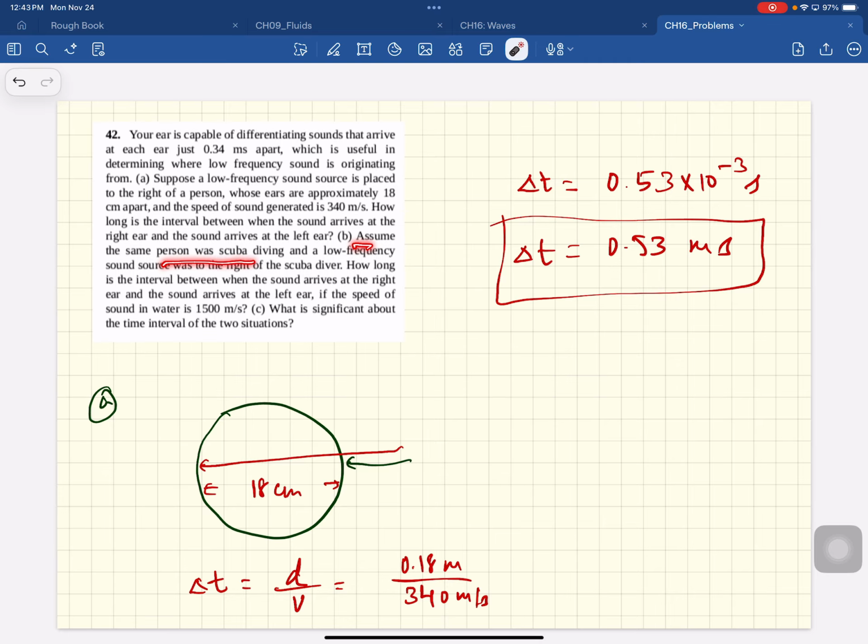Assume the same person is scuba diving and a low frequency sound source was to the right of the scuba diver. How long is the interval between it? The speed of sound in water is 1500 meters per second, roughly 5 times as much.